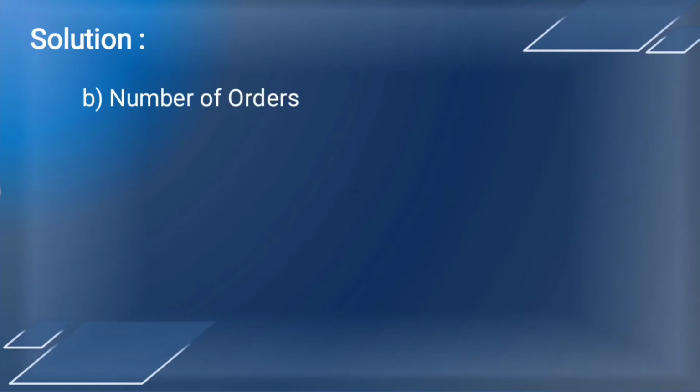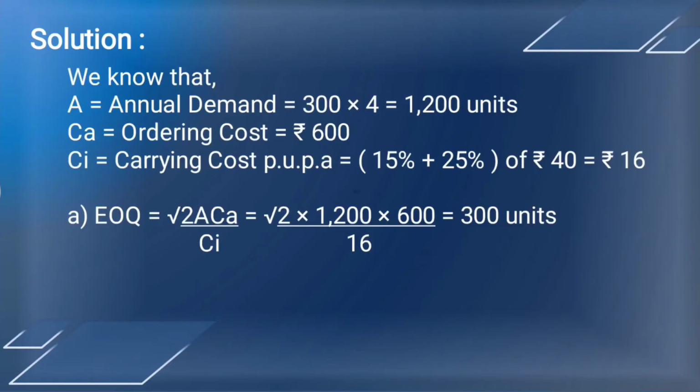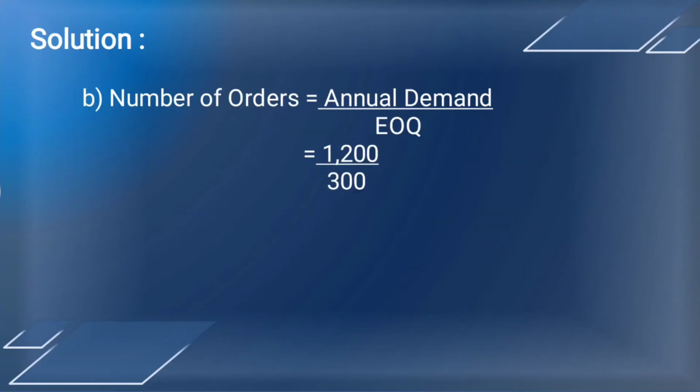Next, we'll calculate number of orders, which is equal to annual demand divided by EOQ, which will be equal to annual demand, 1200 units, divided by EOQ, which is 300 units, which will be equal to 4 orders per year.